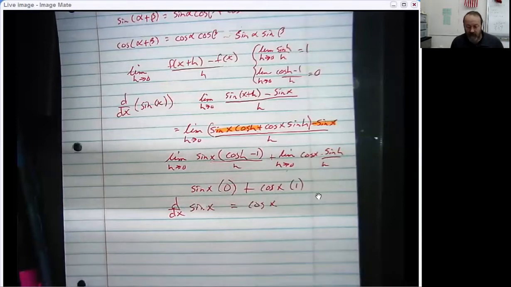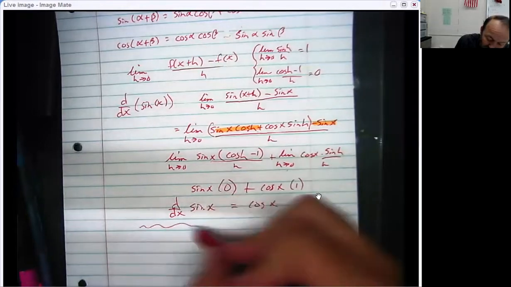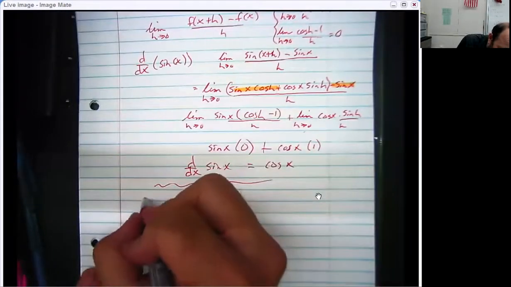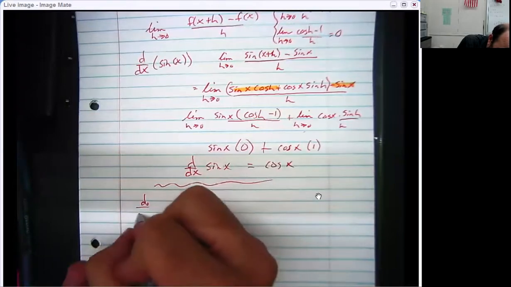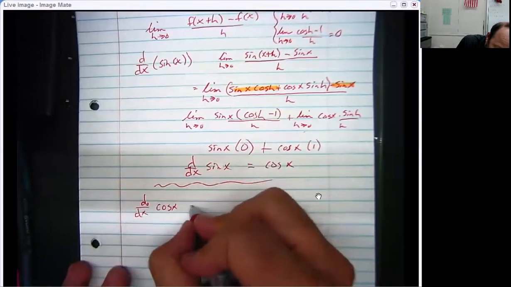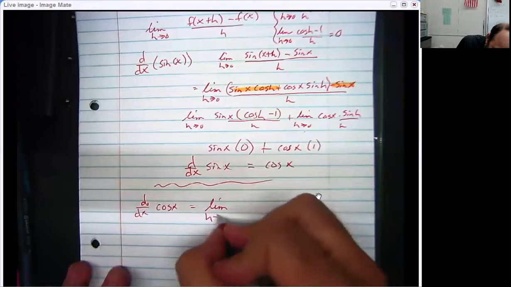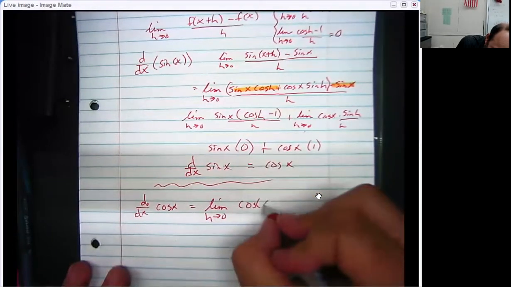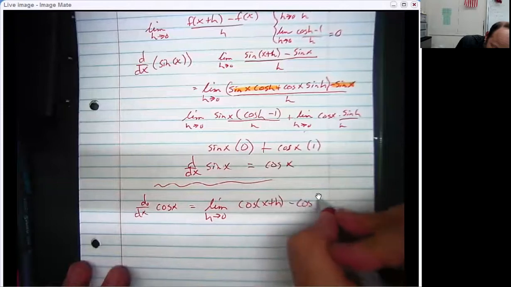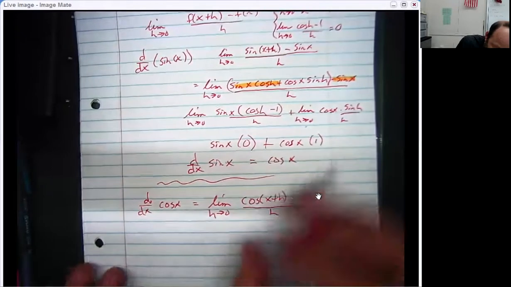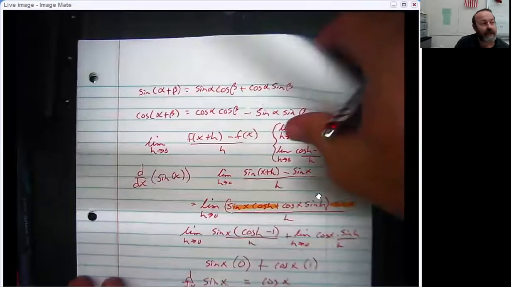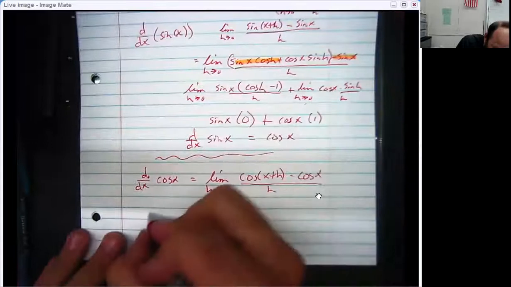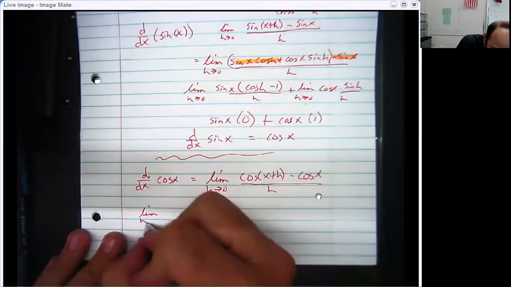Well, it probably won't surprise you if the derivative of the sine is the cosine, then the derivative of the cosine is probably going to be something that relates to the sine. So let's take a look at that one as well. So again, using the derivative of the cosine of x, going right back to the definition, that would be the limit of the cosine of x plus h minus the cosine of x over h. I'm going to use that identity up top, the cosine of alpha plus beta, right there. And we're going to then have the limit as h goes to 0.